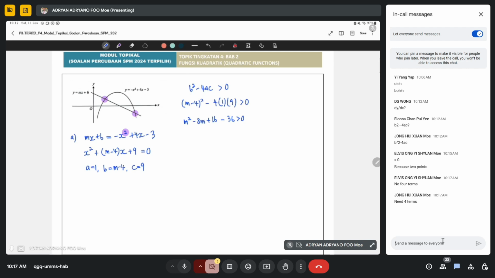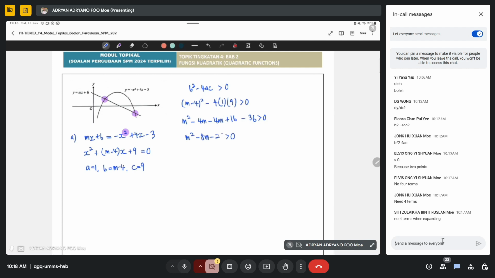No 4 terms, yes. You do this, even though correct, you don't get mark. Because you are not expanding to the 4 terms. Okay, so m square 应该是 minus 4m 再减 4m 再加16, then minus 36 大过0。Then only m square minus 8m. 16 minus 36 how much? You get negative 20 大过0.